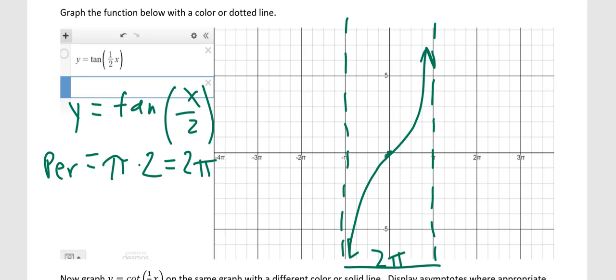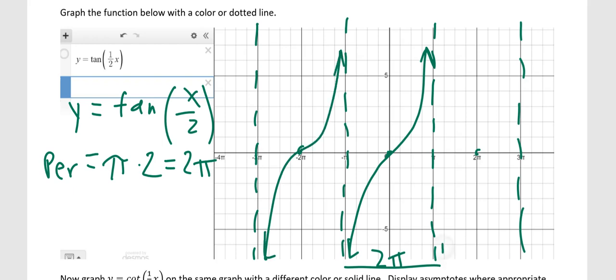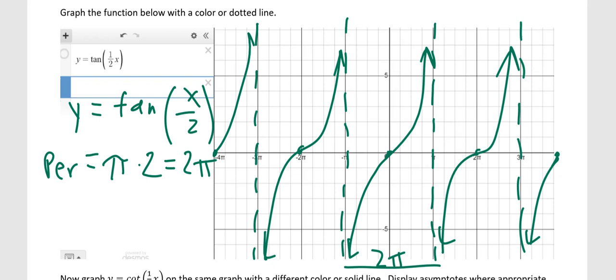Draw me two more cycles, and maybe some half cycles. How far over would I go for my next asymptote to the right? 3 pi. Okay, so we could do this again. Kind of looks like those jet streamers. A couple half cycles at the end because we ran out of room.